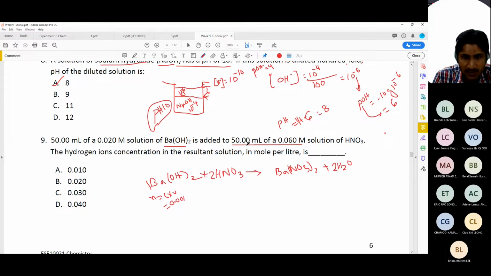What about nitric acid? 50 milliliter, 0.05 times 0.06, 0.003.